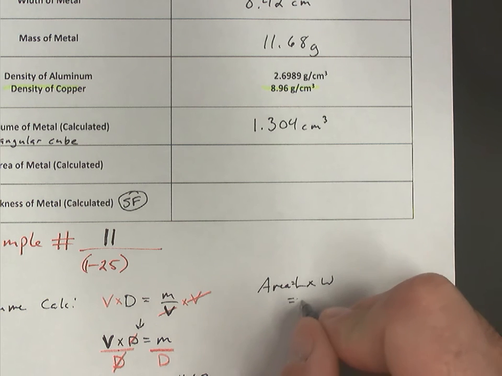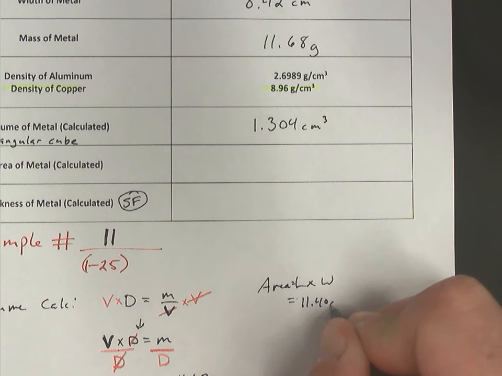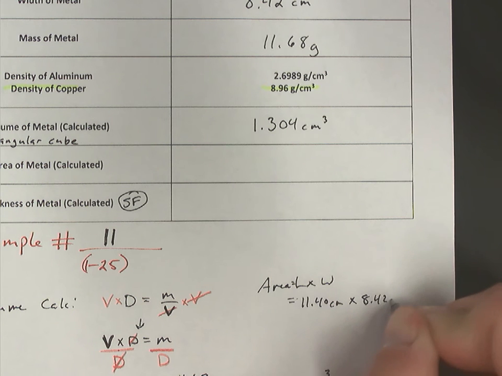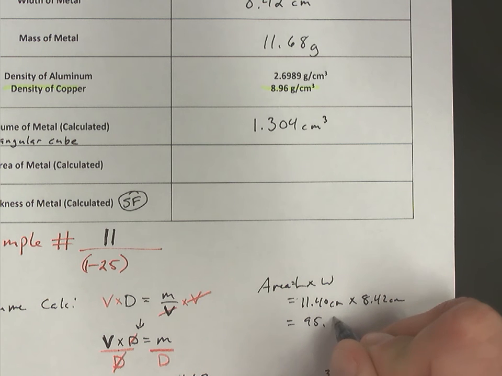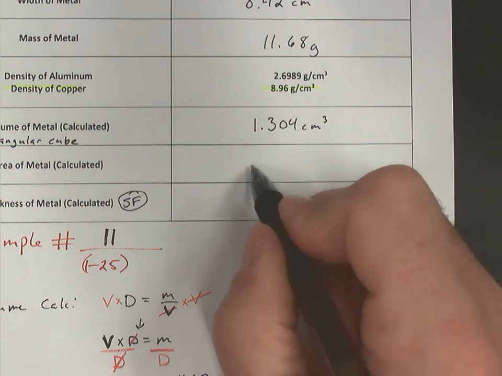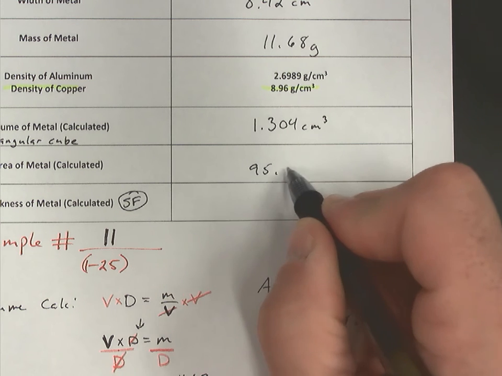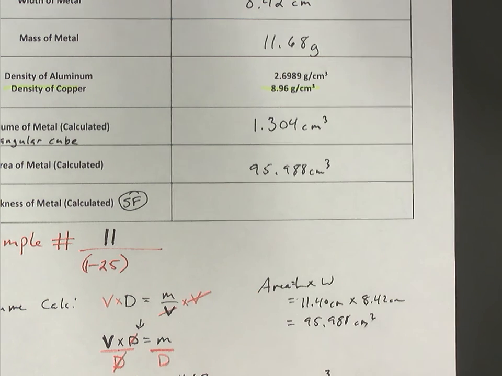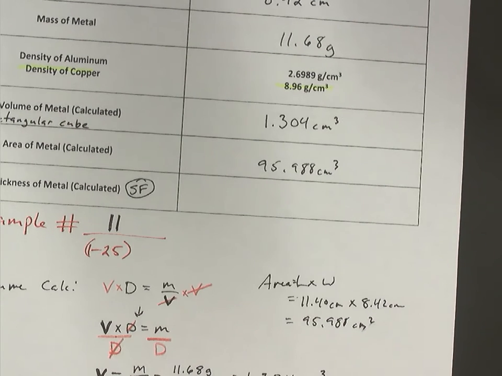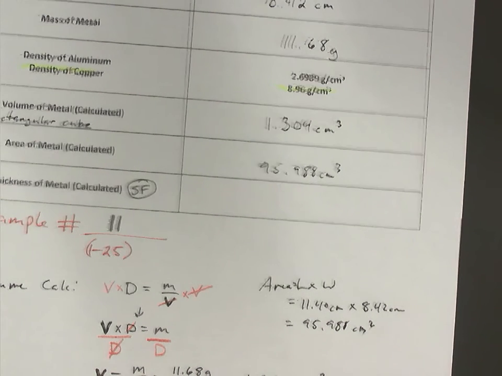That's going to be 11.40 centimeters times 8.42 centimeters. And that's going to give you an area of 95.988 centimeters squared. And again, you don't have to worry about the significant figures yet, just in your final answer.